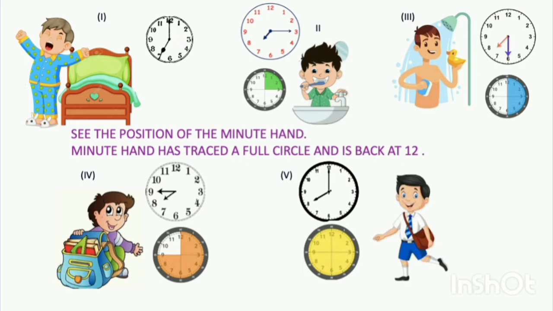If you have noticed, the minute hand has moved from 12 to 3, the first quarter, then from 3 to 6, the second quarter, then from 6 to 9, the third quarter, and then from 9 to 12, the fourth quarter. Okay, now let's try to understand how this time is written.